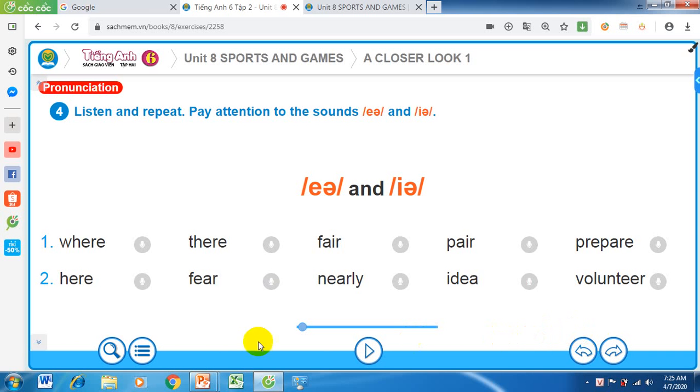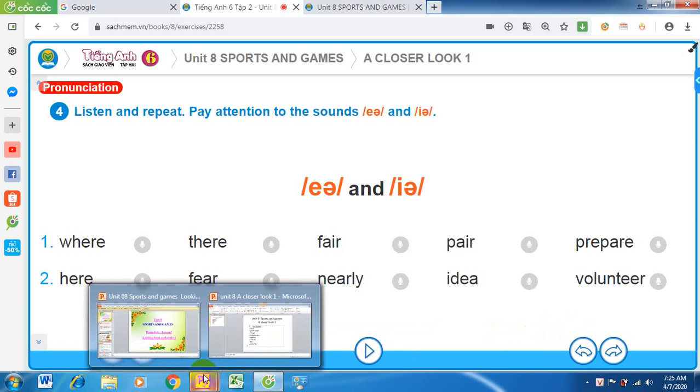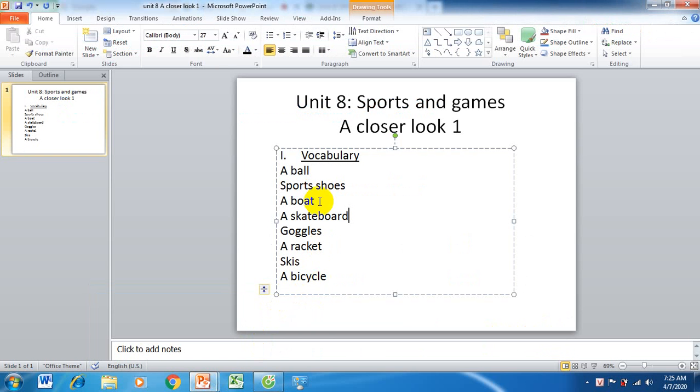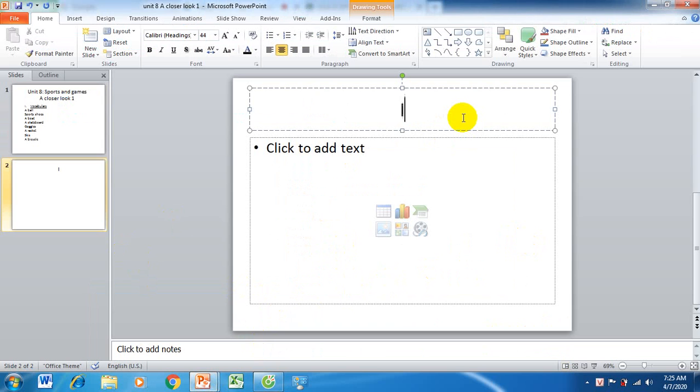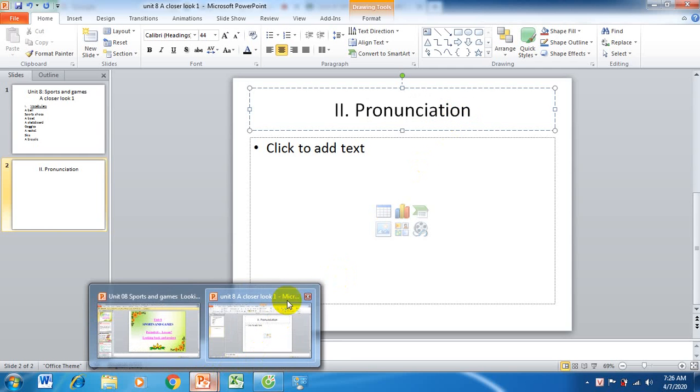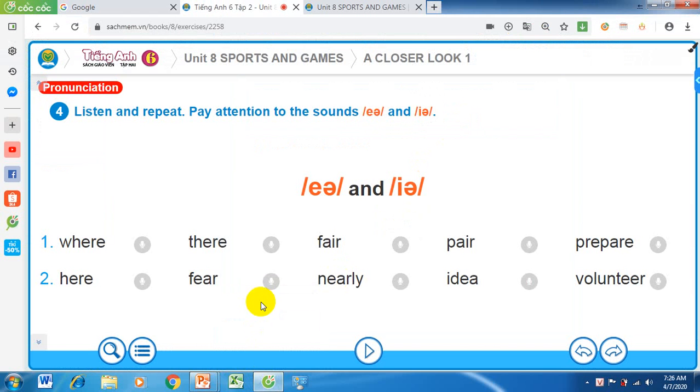Okay, now we move to part 2, pronunciation. For this lesson, we will learn two sounds.